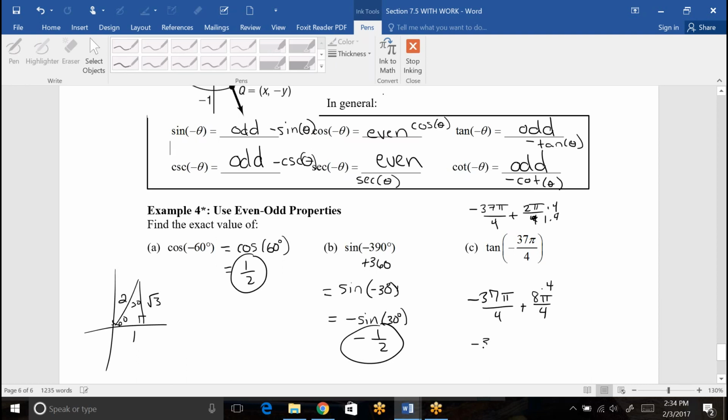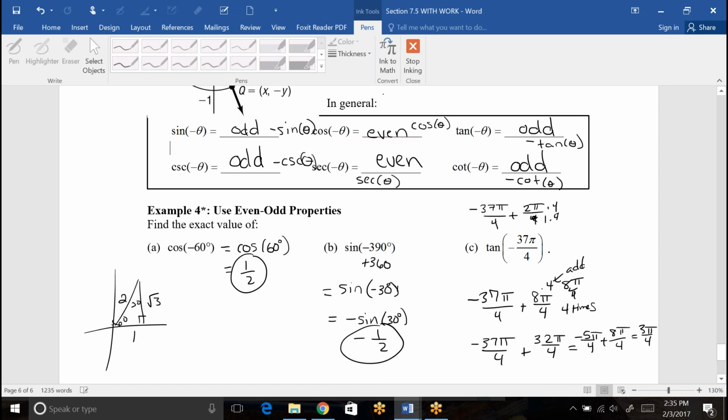So negative 37 pi over 4 plus, this just means that I'm adding 8 pi over 4 times 4. So that would be 32 pi over 4, and that gives me negative 5 pi over 4. If you wanted, you could add another 8 pi over 4, and you could be at 3 pi over 4.